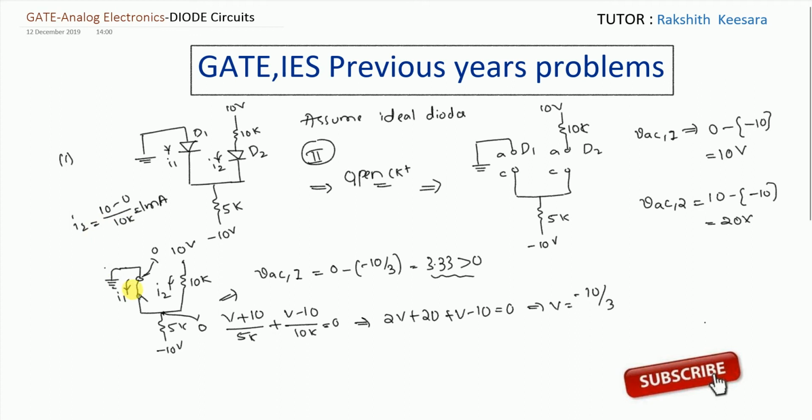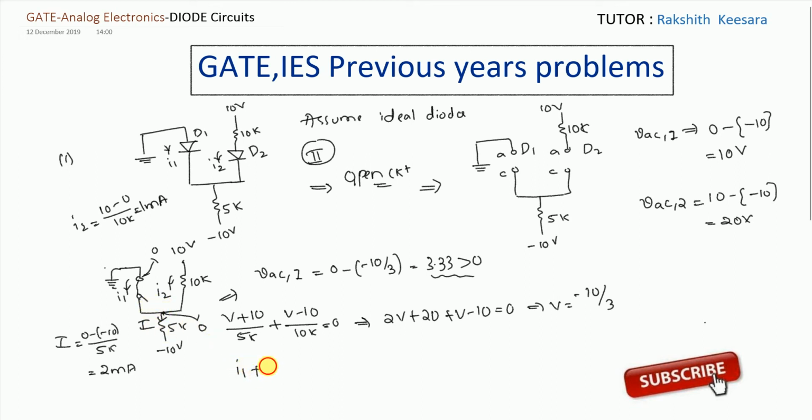And what is the current I1? First let me find the current I. I am taking this as I. I is 0 minus of minus 10 by 5k. That is 2 milliampere. I is 2 milliampere. If I apply KCL here, what we will get?